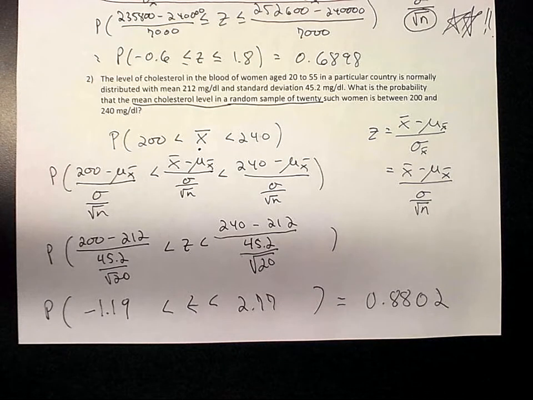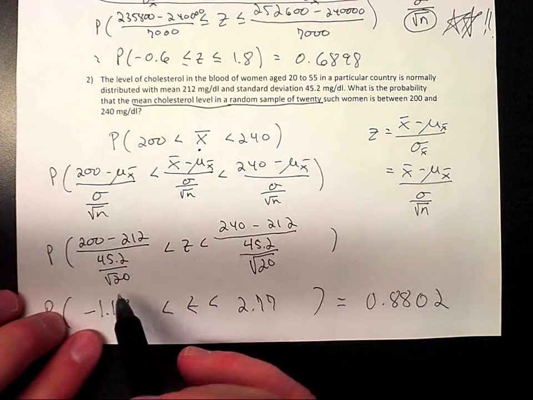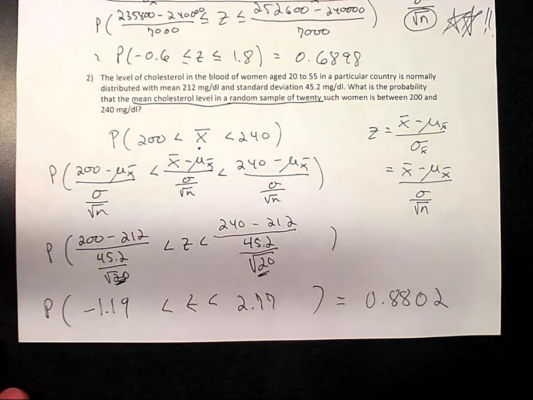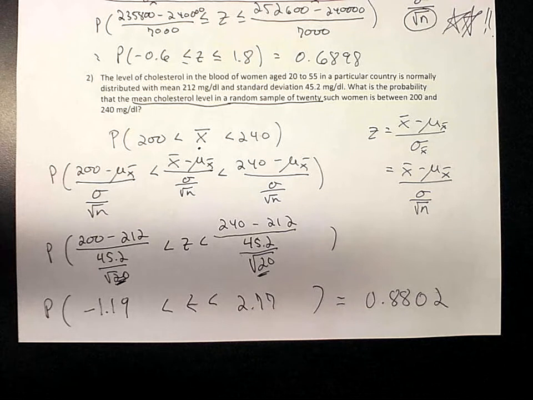Everybody good with how to get 0.8802? Because literally, once we substitute in this divided by the square root of n right here, it's just back to a chapter 5 type problem. All right, any questions about number 2? You guys getting the gist of these problems?